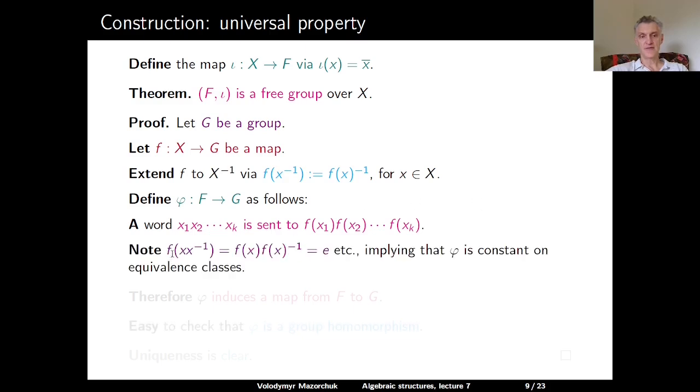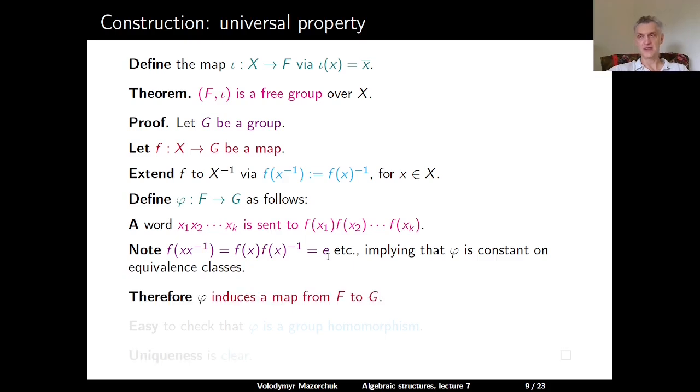Let us note that f sends the segment x x inverse to f of x times f of x inverse, which is the identity, and similarly x inverse x is sent to the identity. And this means that our map phi is in fact constant on the equivalence classes in A star.